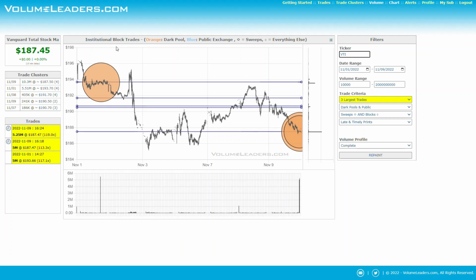This suggests, although we can never know for sure, that institutions sold or shorted in this zone right here and let price fall. And that's exactly what price did. So they shorted or they sold, price oscillated around, and then down here at a lower price, they presumably bought. This is what I'm thinking, that they have decided that they want to buy into CPI.